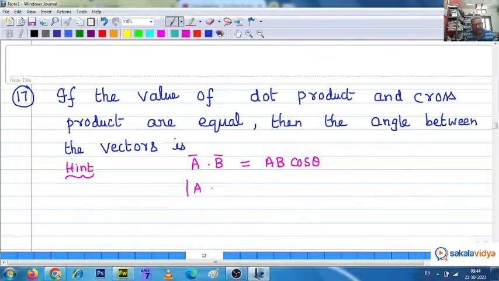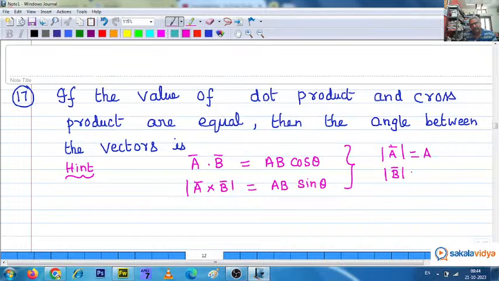Next, mod of A cross B is AB sin theta. Here mod A is equal to A, mod B is equal to B. Modulus of A bar is A, modulus of B bar is B. So these two are equal, which means AB gets cancelled.